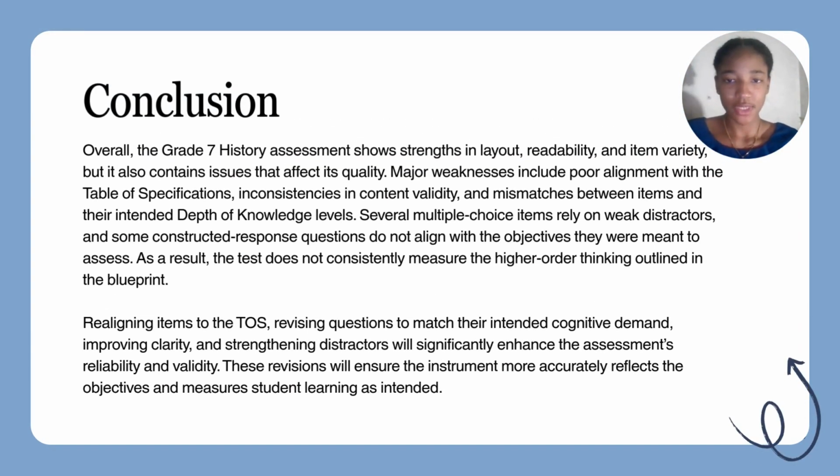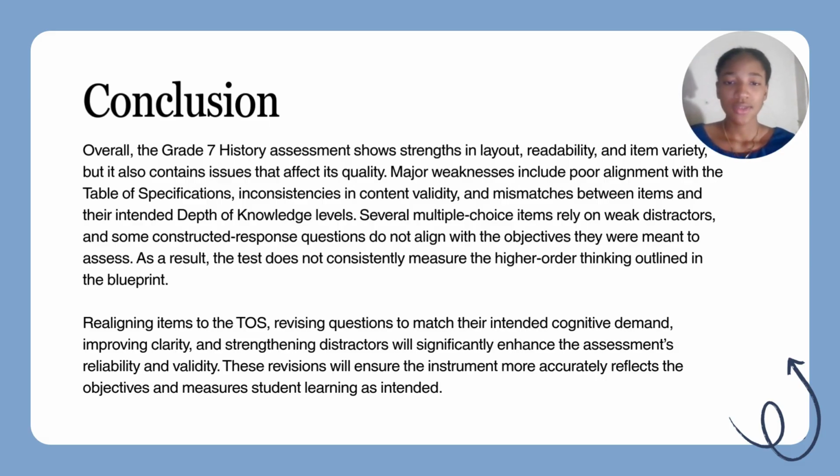Overall, the Grade 7 History Assessment shows strengths in layout, readability, and item variety, but also contains issues that affect its quality. Major weaknesses include poor alignment with the table of specifications, inconsistencies in content validity, and mismatches between items and their intended depth of knowledge levels. Several multiple choice items rely on weak distractors, and some constructed response questions do not align with the objectives they were meant to assess.